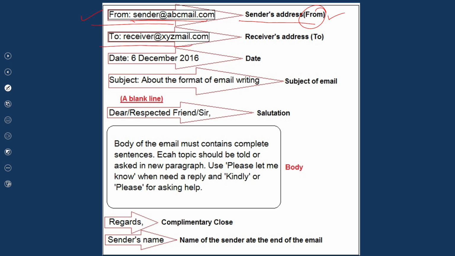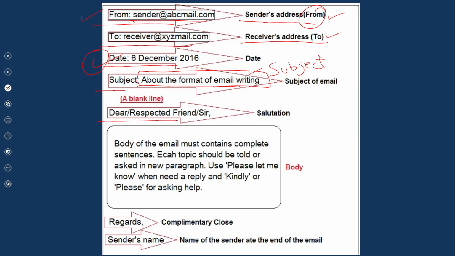Then the receiver's address, the receiver's email address that you must have in order to send the email, the date, the subject. Again, in an email, the subject is also mandatory. About the format of email writing, this is where your subject will go, that is, why you're writing the email.